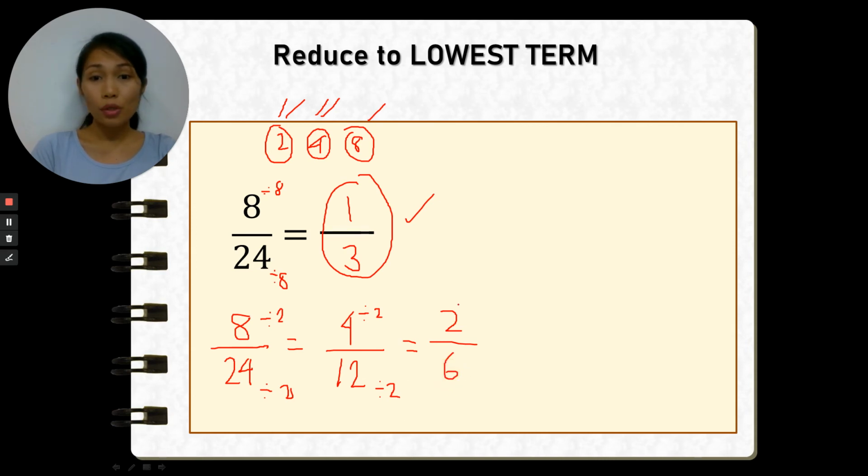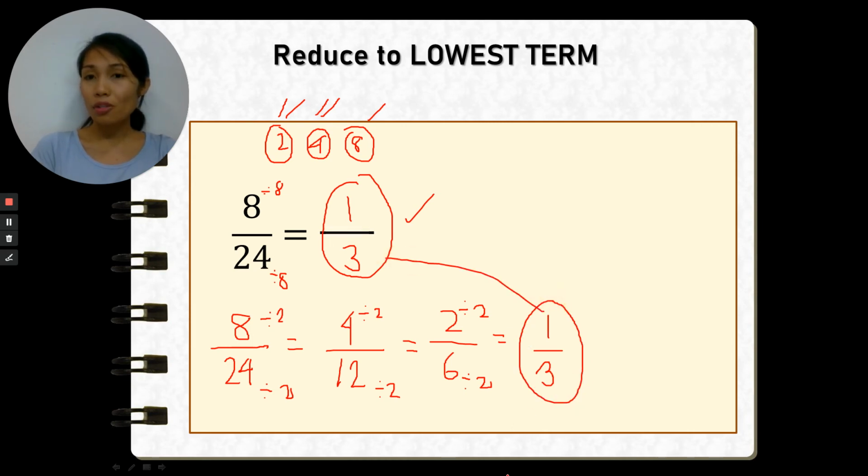Not yet in the lowest term since we can still divide this by 2, right? So 2 again. 2 divided by 2 is 1. And 6 divided by 2 is 3. Is that in the lowest term? Yes, because the numerator is already 1. So see, we get the same answer.